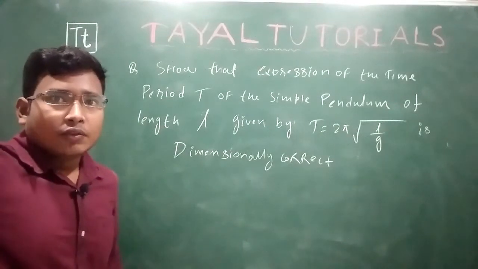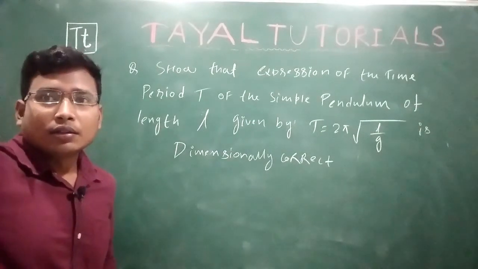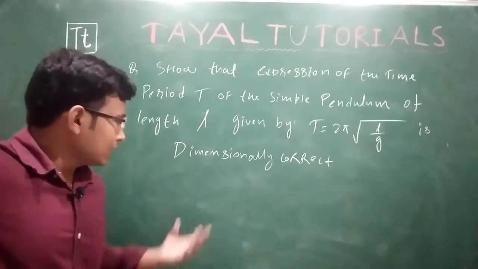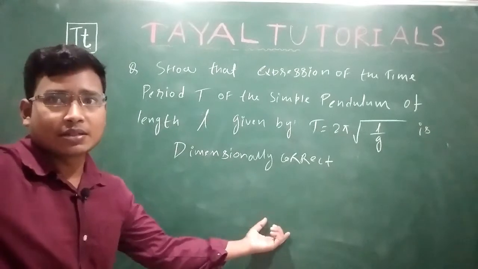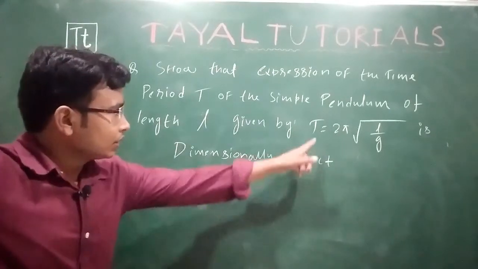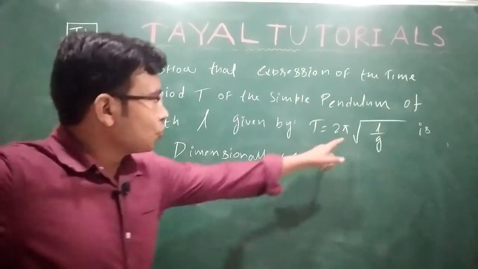For the equation to be dimensionally correct, the dimension of the left hand side must be equal to the dimension of the right hand side. So let me check that. This is T, this is 2 pi root L by g.